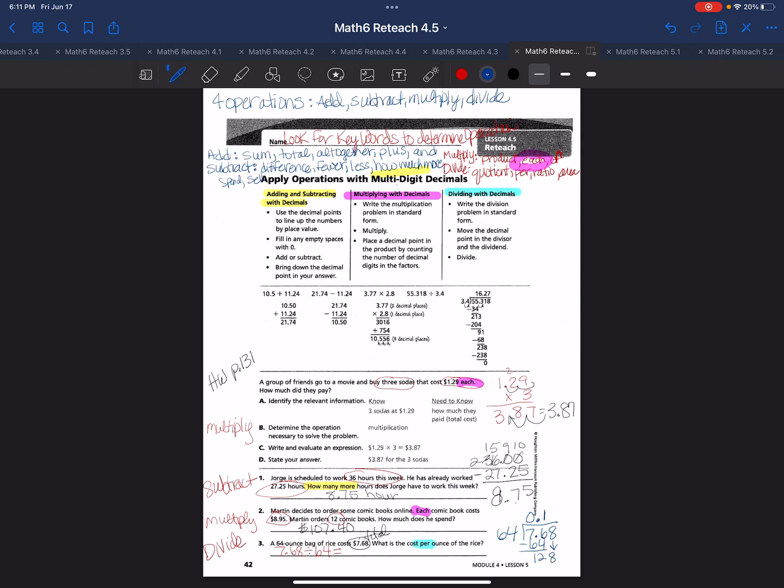How many times does 64 go into 128? 2 times. So the answer is 12 cents per ounce. So that is our lesson for Module 4, Lesson 5, Grade 6.